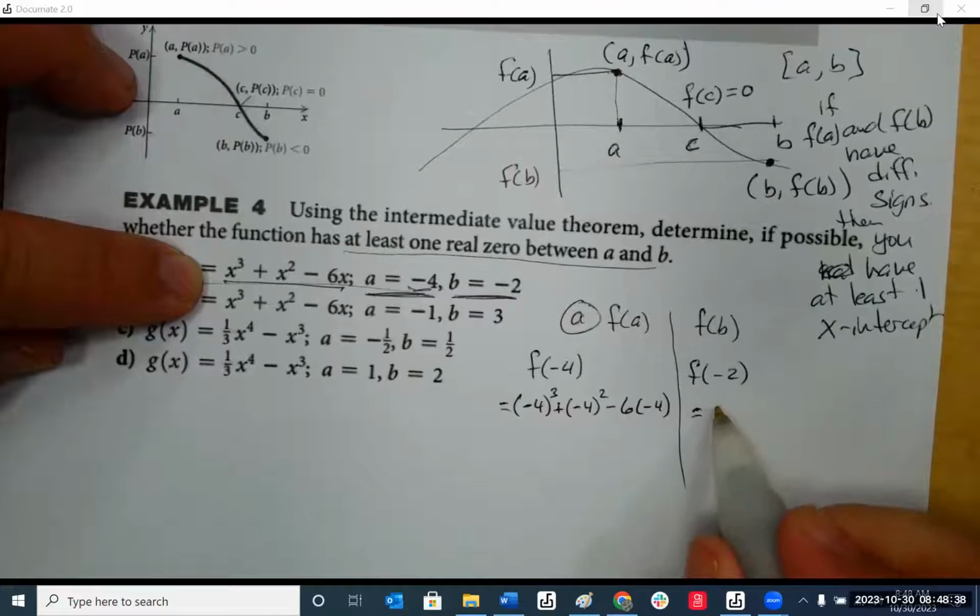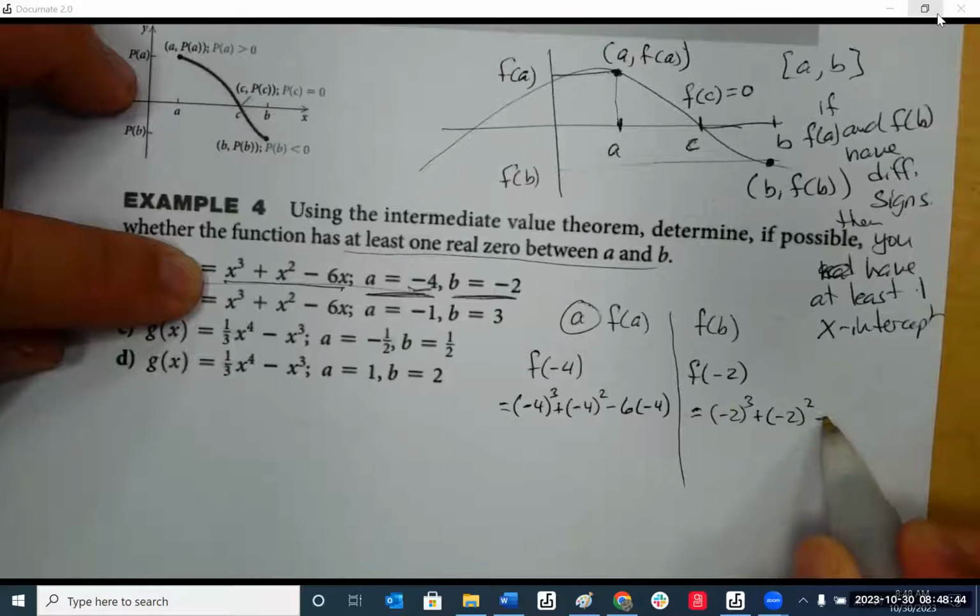And the other one is going to be -2 cubed plus -2 squared minus 6 times -2.